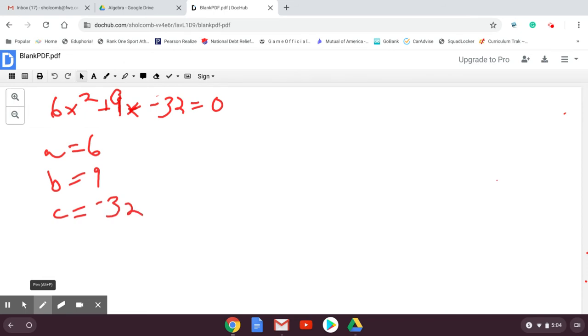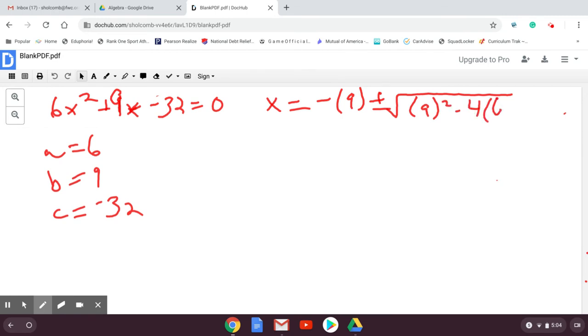Okay? So x equals the negative of my b, which in this case is a positive 9, plus or minus the square root of that same 9 squared minus 4 times my a of 6 times my c of negative 32. All of that is over 2a, or 2 times 6.